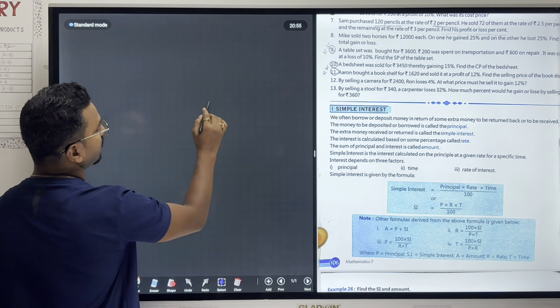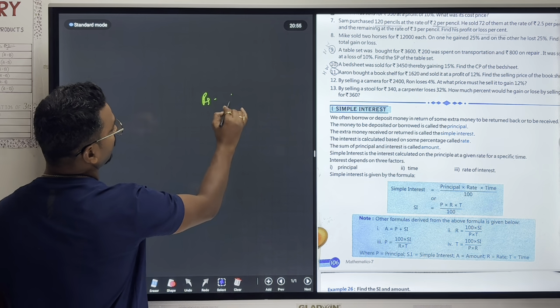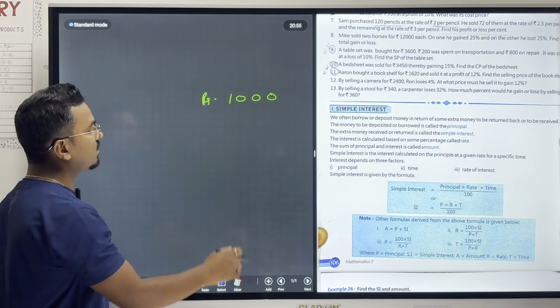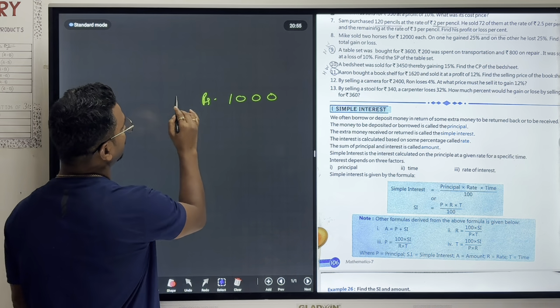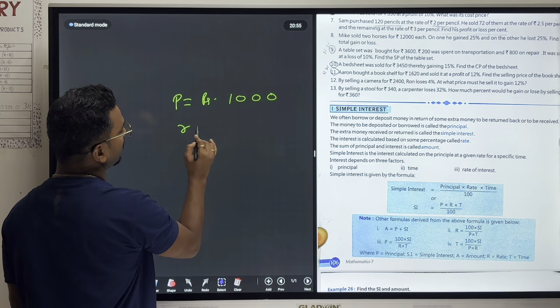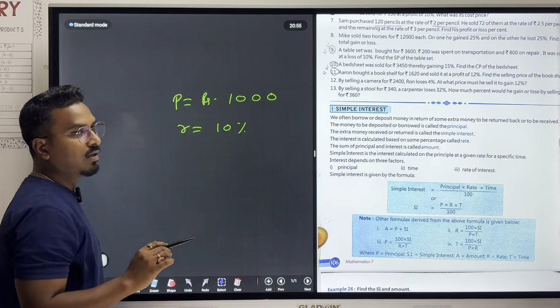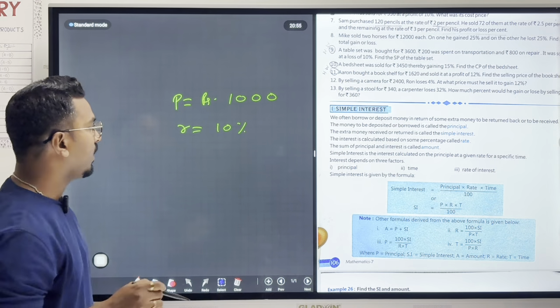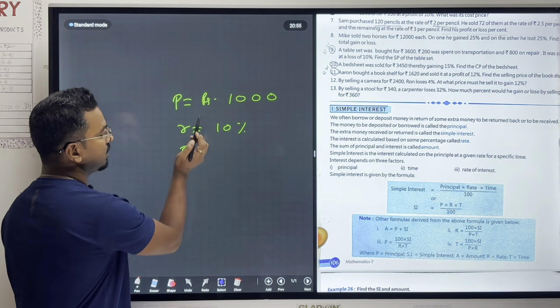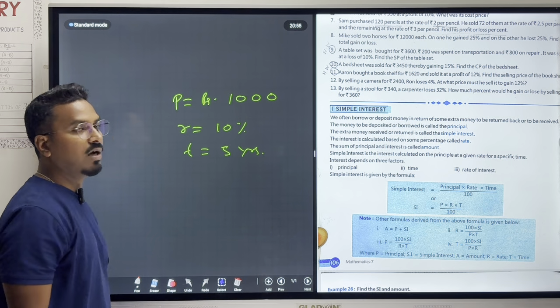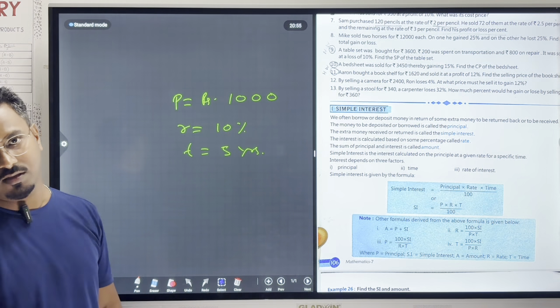Suppose you are submitting 1000 rupees in the bank, this is the principal. Suppose the bank is giving 10% interest, and if you are keeping that amount in the bank for 5 years, time equals 5 years, then after 5 years how much interest will you get extra?